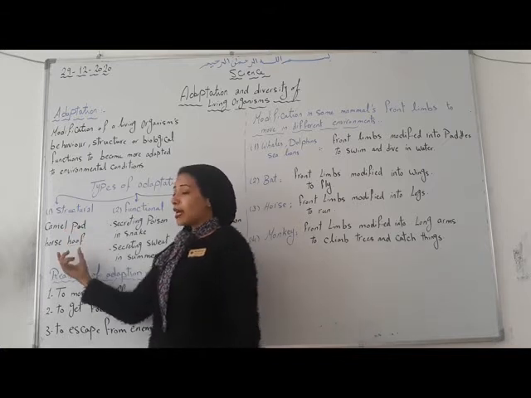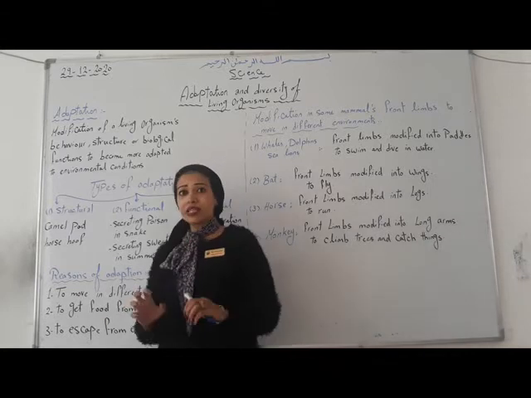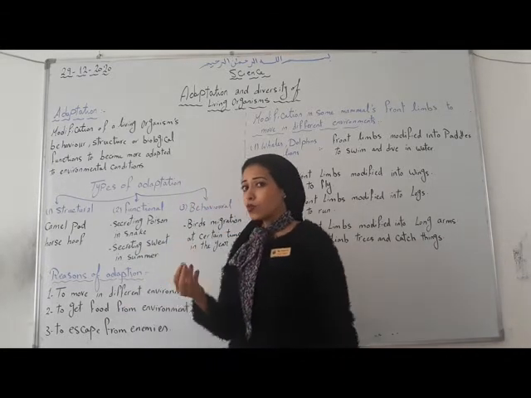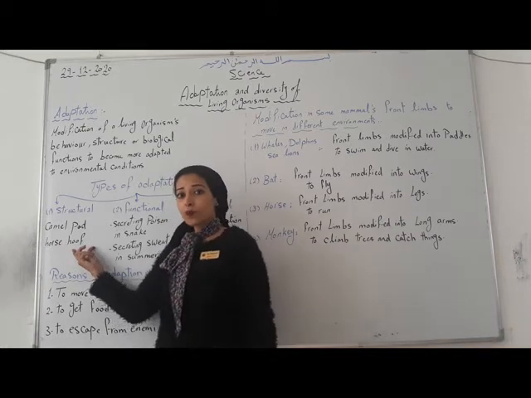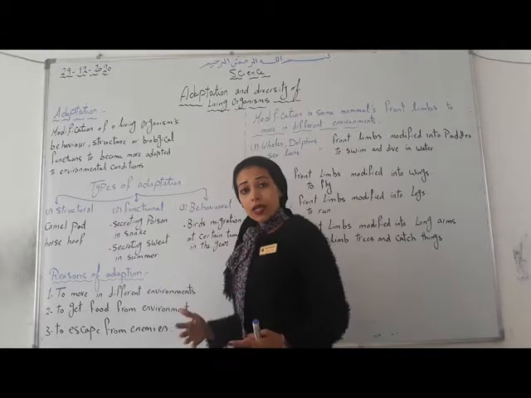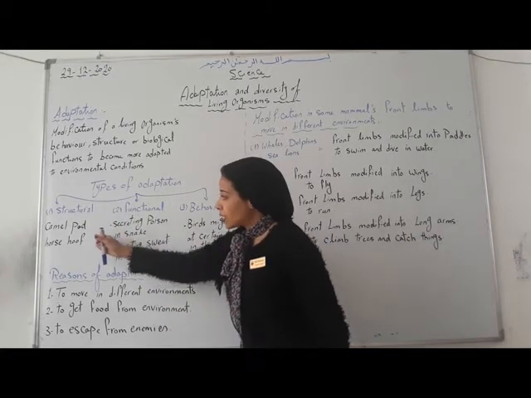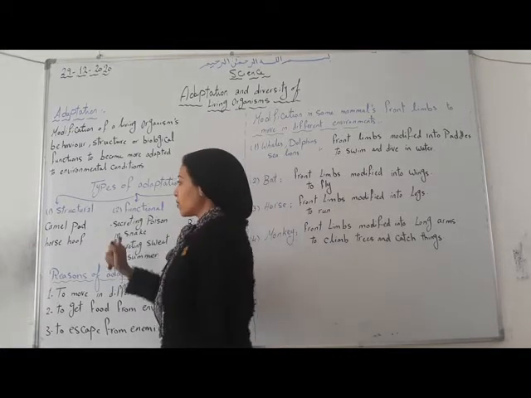But if we look at the two front limbs of the horse, we find that they are solid and small. Why? To help the horse to move in rocky land. So the structure of the body of the horse and the camel is according to the environment where they live.